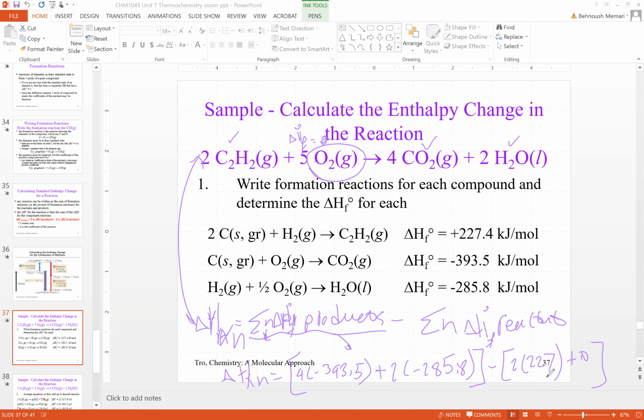This is simple math, but you have to be patient and do one step at a time, and then you can find the delta H for this given reaction, because the number of moles is not per mole of C2H2, it's for this balanced equation. So when you're given the delta H for a reaction, it is specific to this balanced equation.